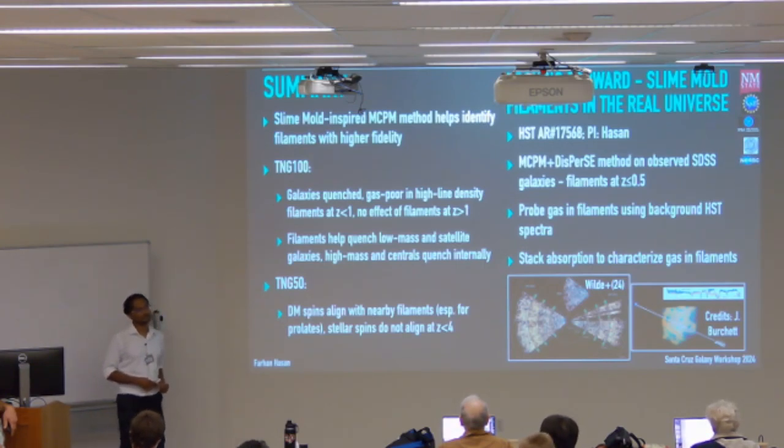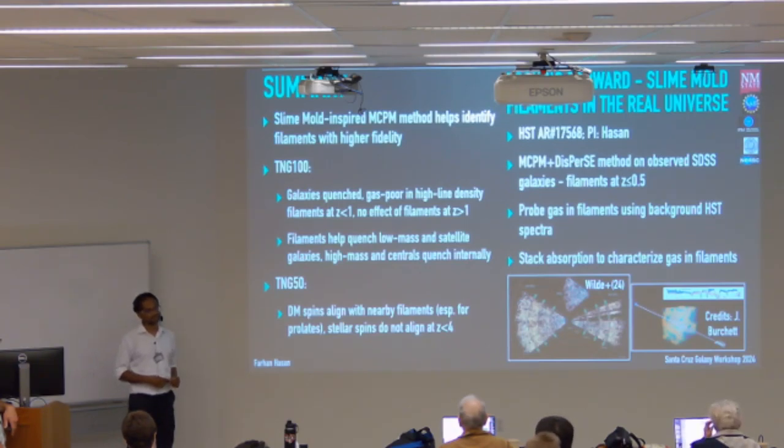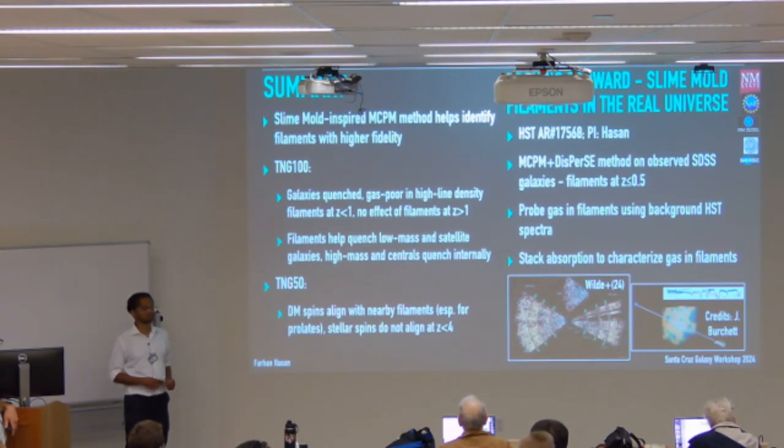And there are multiple parameters you can play with, like smoothing, how many times you smooth, the smoothing spatial scale, if you conserve your number density of tracers across redshifts, for example, the persistence ratio, etc. So I tend to pose this question to the discussion in the afternoon, if it's going to happen at all. Slime mold is another great black box, a gray box. DisPerSE is the standard gray box.